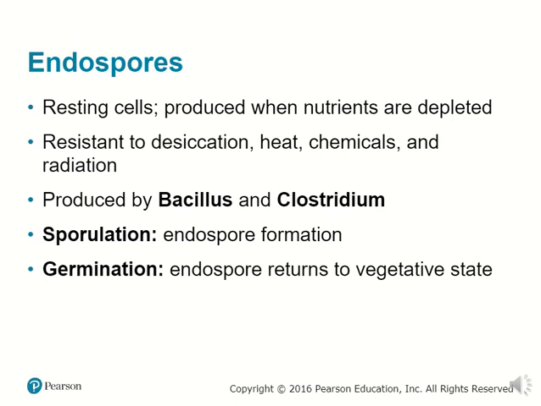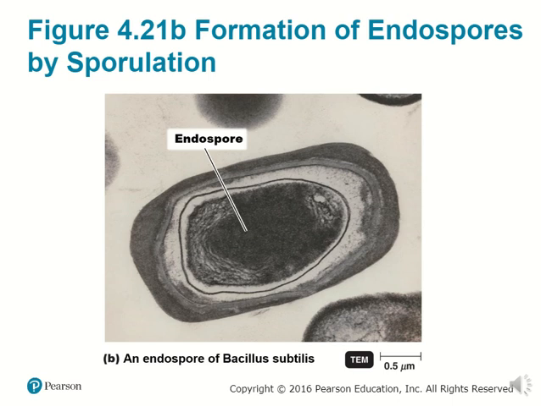They can be produced by a variety of bacteria like Bacillus and Clostridium. Sporulation is when the endospore forms, and germination is when the endospore returns to a vegetative state. Essentially forming inside the cell.